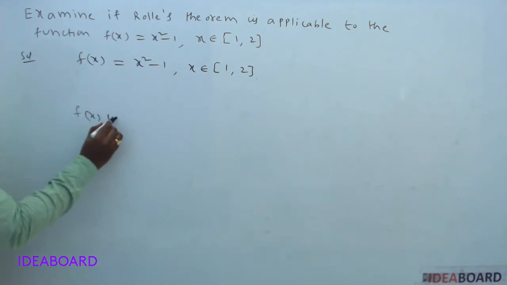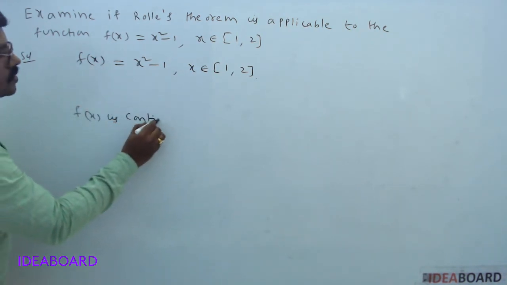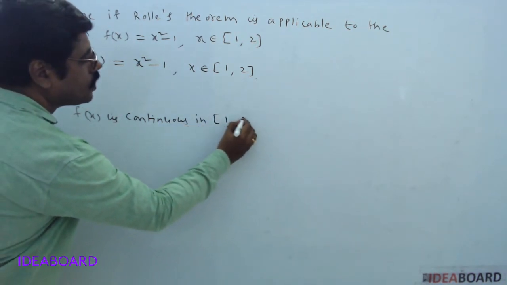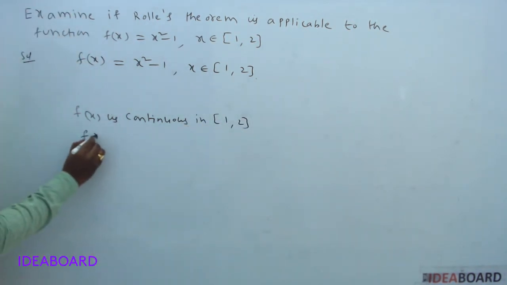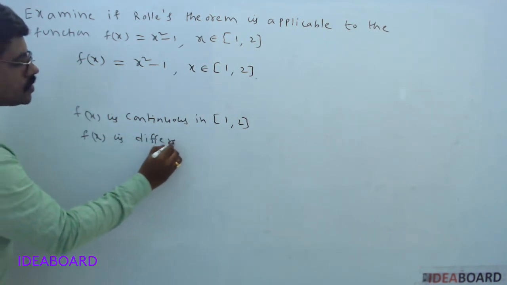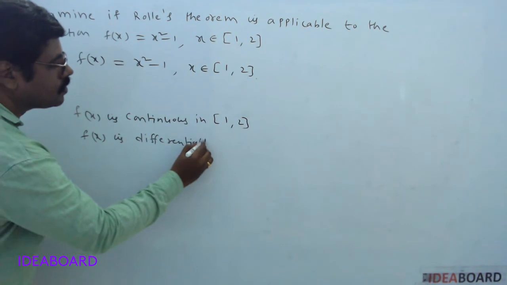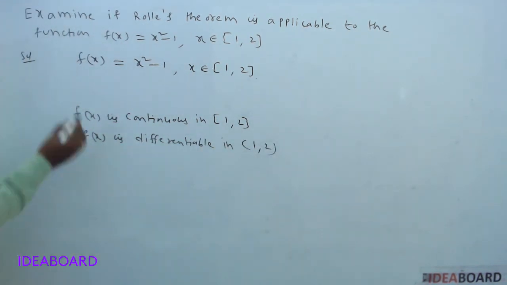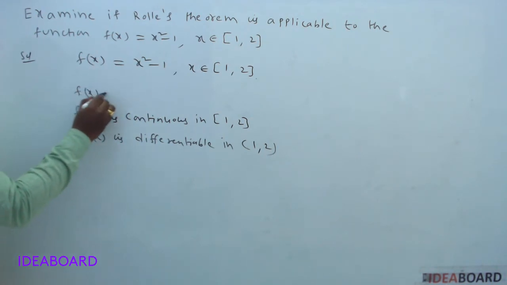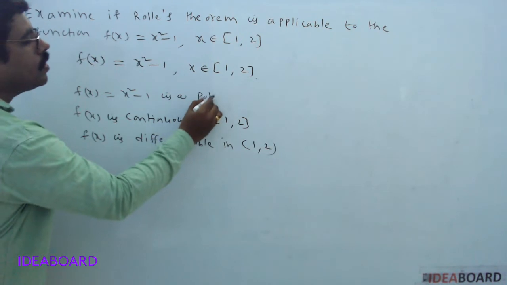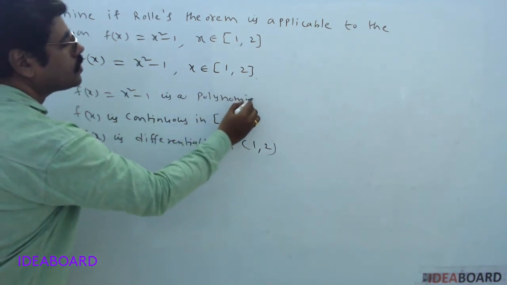F of x is continuous in closed interval 1 comma 2. F of x is differentiable in open interval 1 comma 2 due to the reason f of x equals x square minus 1 is a polynomial function.